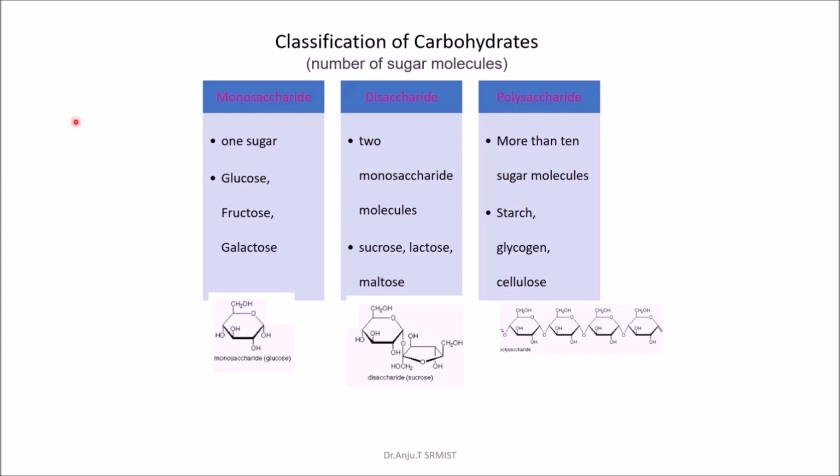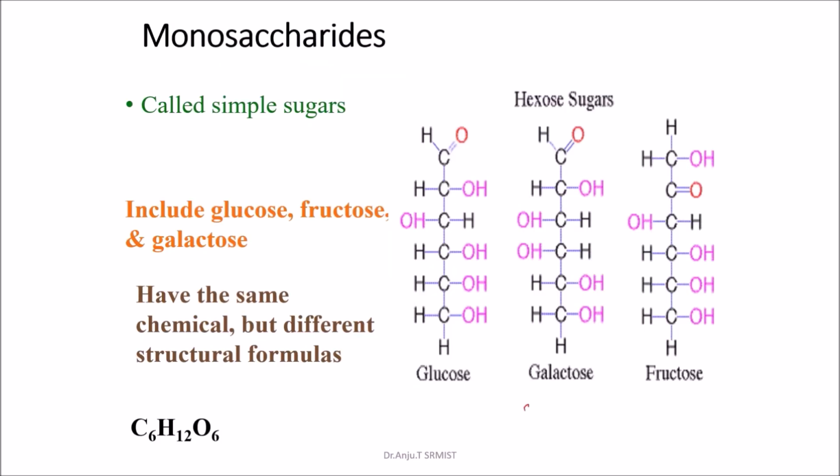If the carbohydrate is made of a single sugar molecule, then it is categorized as a monosaccharide. Here saccharide means sugar. Monosaccharides are simple sugars. For example, you can see here glucose, galactose and fructose.